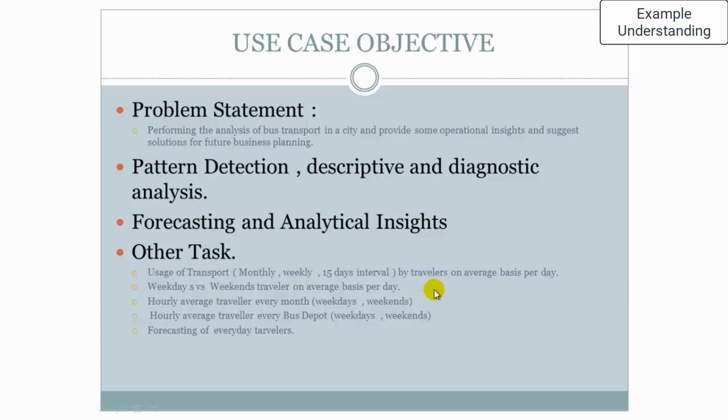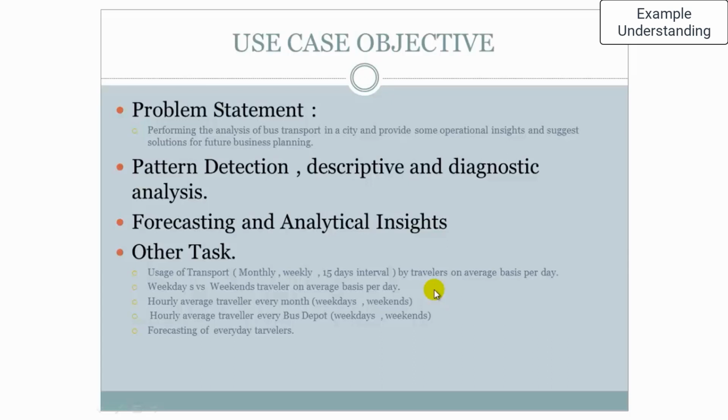Technically what we need to do here is have a weekly combination of each, I mean, every week, the number of passengers who are traveling. We need to check every 15 days the average number of passengers traveling, and every month the average number of passengers traveling. That needs to be explored.